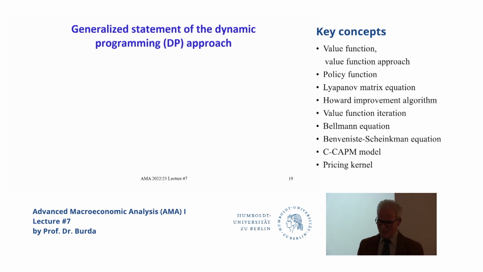The Howard improvement algorithm is a way of doing this in the linear quadratic setup, and it gives very clear marching orders on how to solve this, but we can generalize this dynamic approach, otherwise it wouldn't be that interesting to you. As I told you already, if I had done this in my thesis, I would have saved several weeks of work, because these problems are quite easy to solve that way.